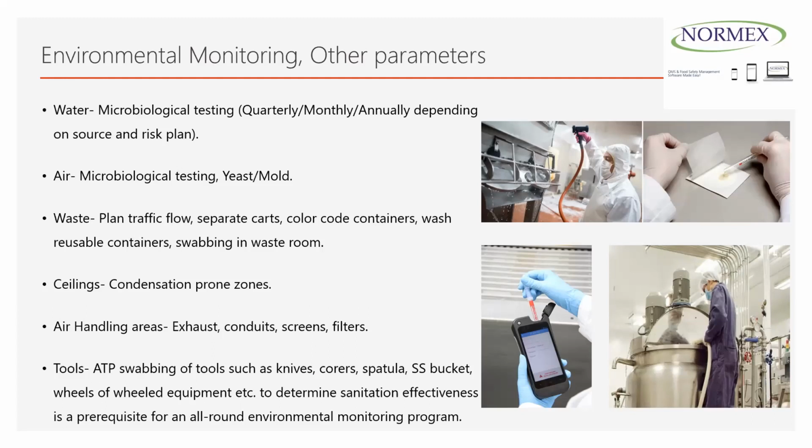When we looked underneath, we found a lot of green, black and brown debris stuck onto the mixers, which is not good to have in a production area. So always ATP swab such neglected areas, so that you could have an all-round environmental monitoring program.